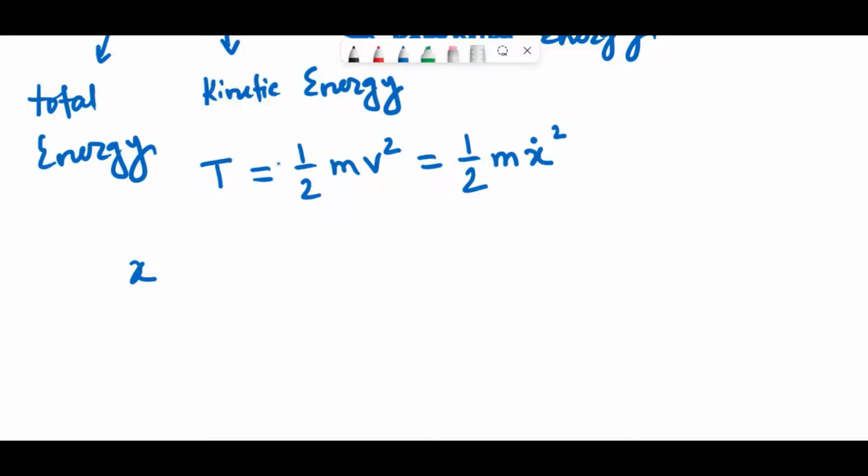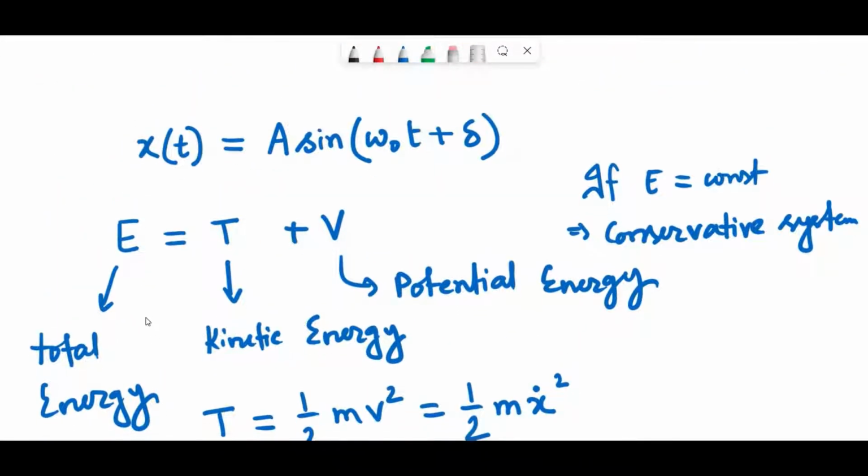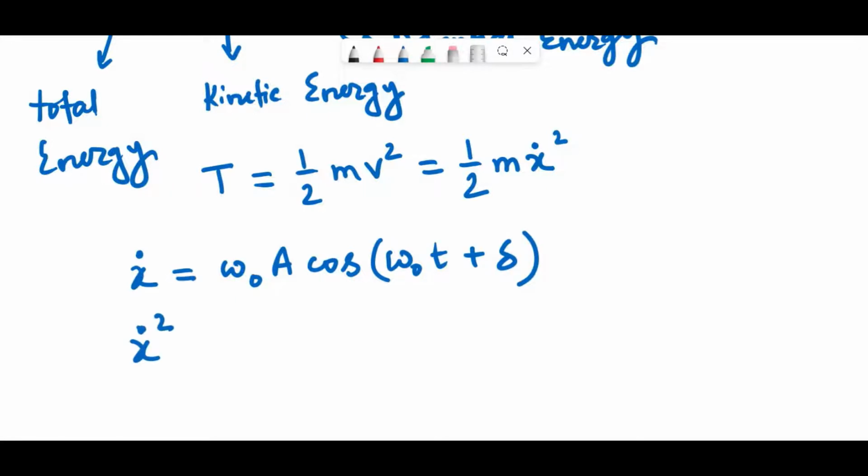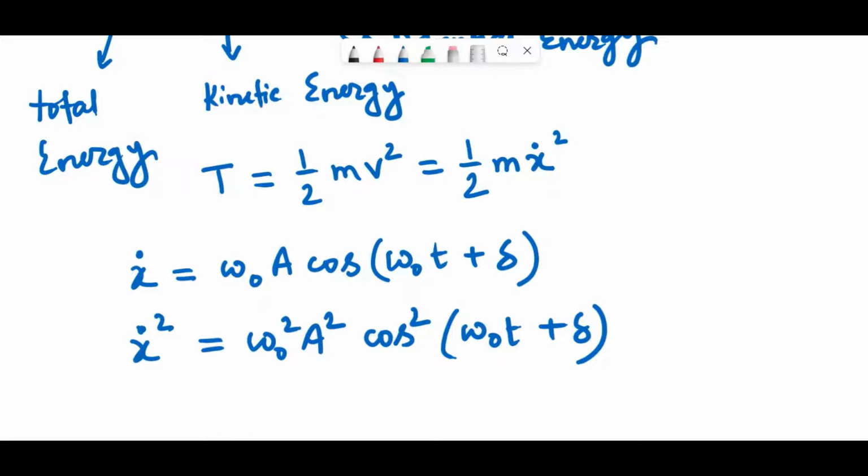And since x is given by the expression we have here, x dot is simply omega naught A times cosine of omega naught t plus delta, and if you square it, you simply get omega naught squared A squared cosine squared omega naught t plus delta. So multiply half m with it, and that gives us the kinetic energy, and we get m divided by 2.